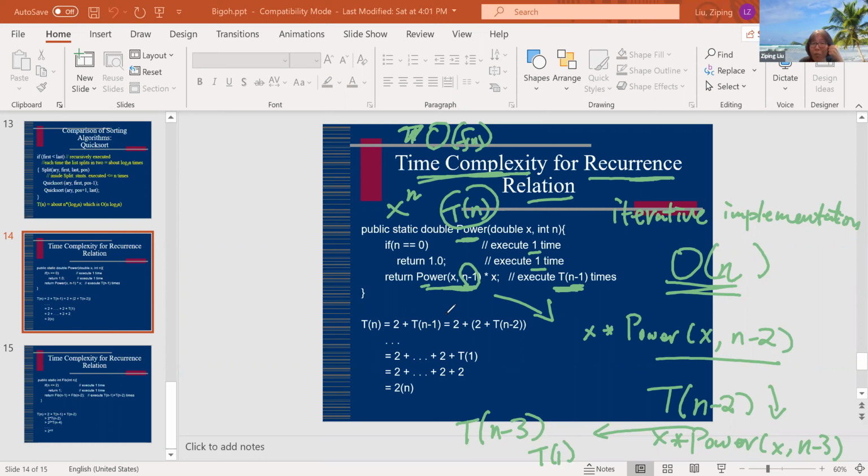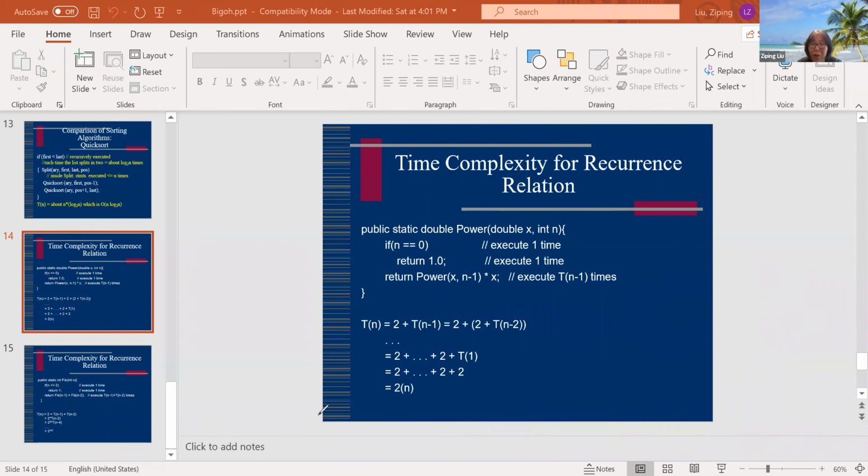So what's going to be T(n)? It's 1 time plus T(n minus 1) time. So this holds true. Then T(n minus 1), if we rewrite it, is going to be 2 plus T(n minus 2).